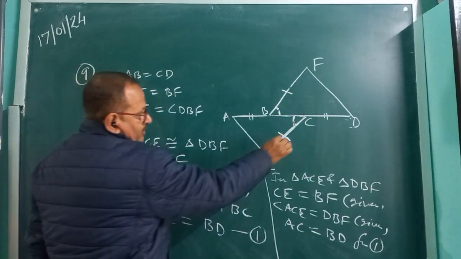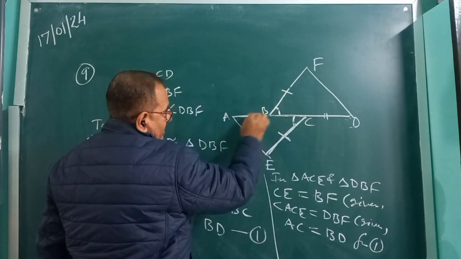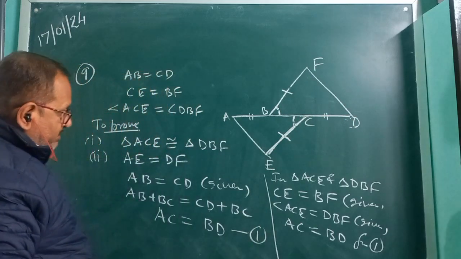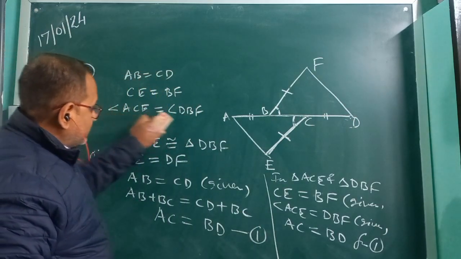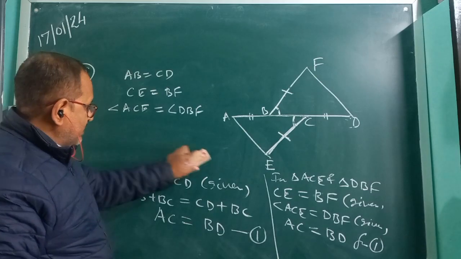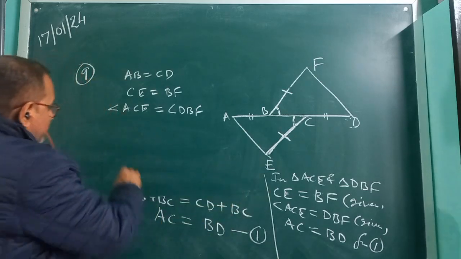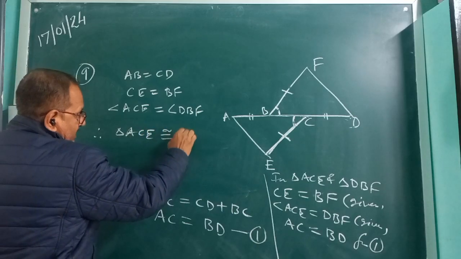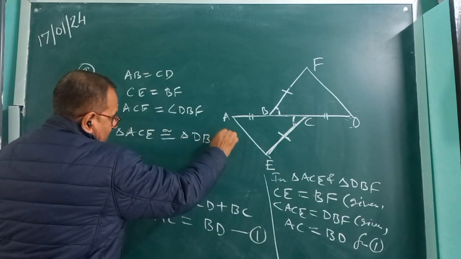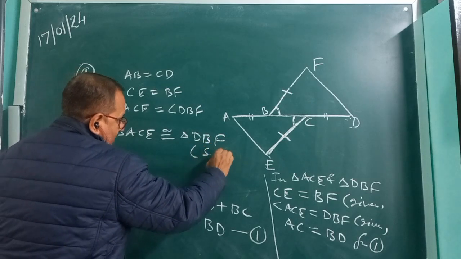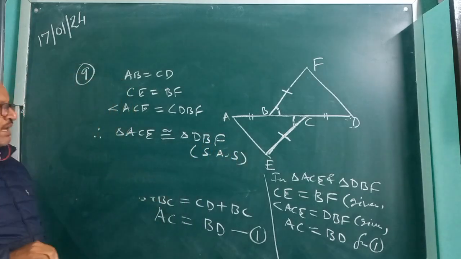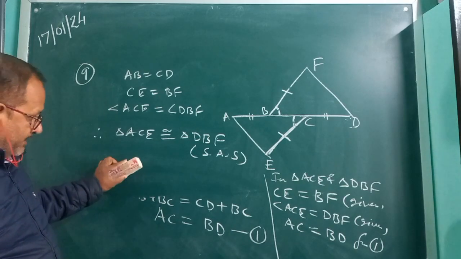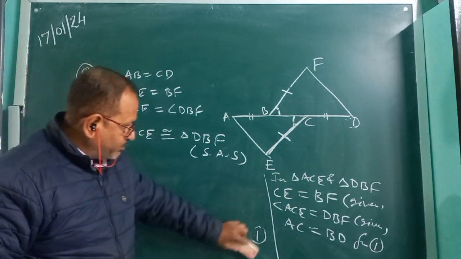So we can write triangle ACE congruent triangle DBF by side angle side congruency. So first part completed. Now we have to prove the second part.